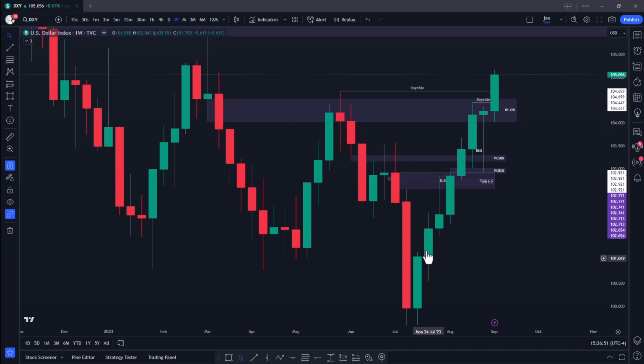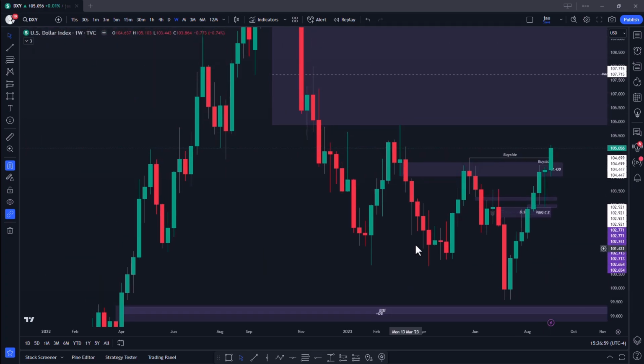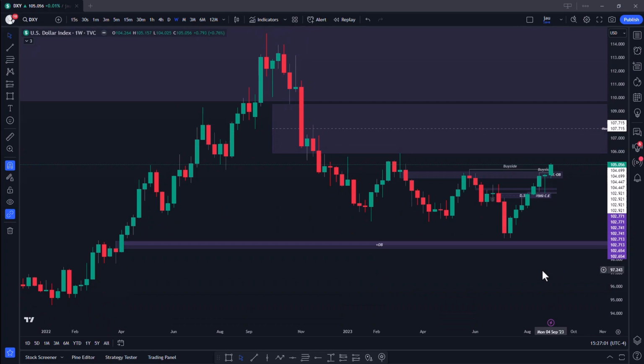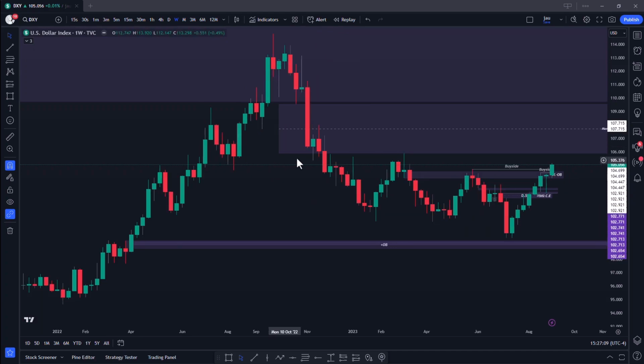So we've got 1, 2, 3, 4, 5, 6, 7, 8 weeks that we were bullish week after week after week. I don't even remember the last time we were bullish that many weeks in a row, or even bearish that many weeks in a row.